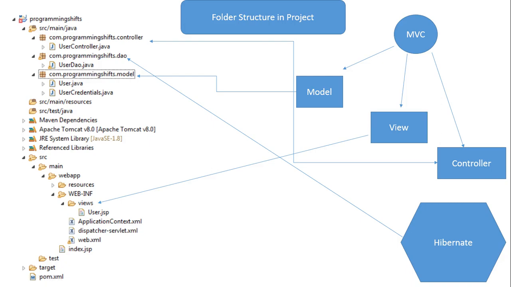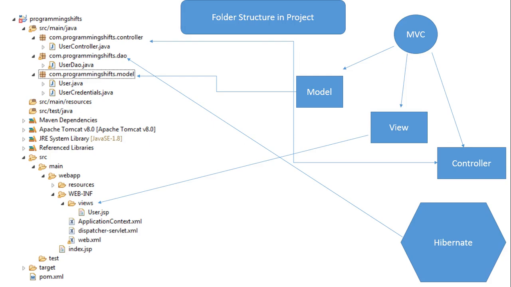I have also created the web.xml file. I generated web.xml initially when I started with Spring MVC in the dynamic web project in Eclipse, and we need to create another two XML files for the purpose of the application context and the dispatcher servlet.